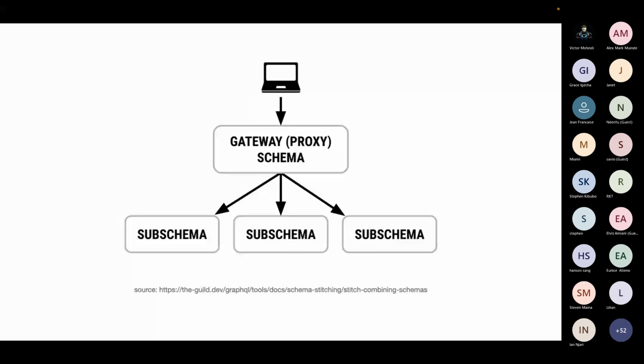In this case, when we are making requests on our gateway, it was delegating to the SpaceX, Star Wars and Rick and Morty APIs, because it doesn't know this data, but it knows where the data lives.